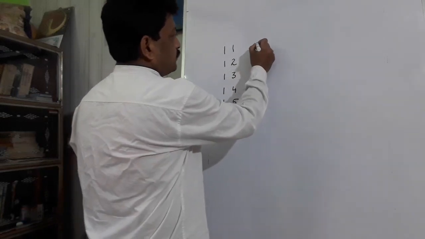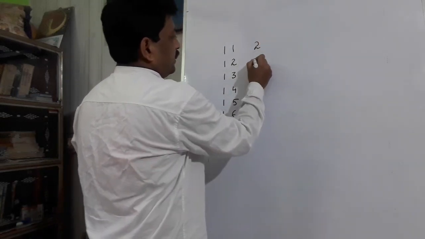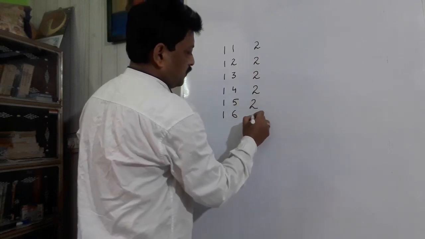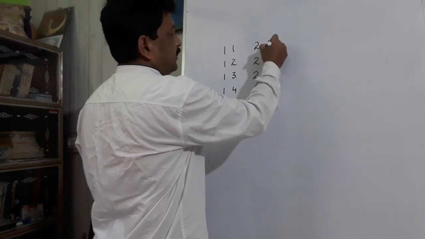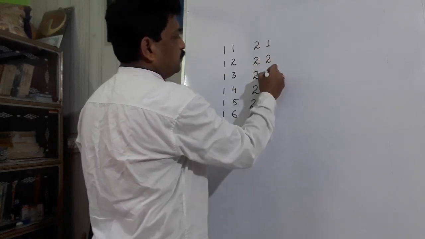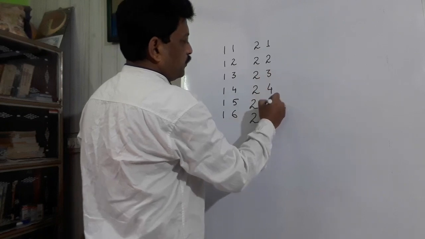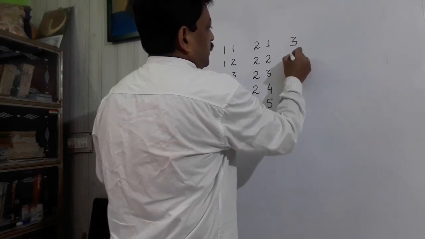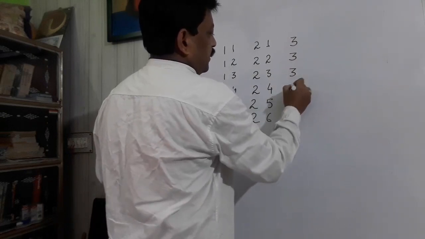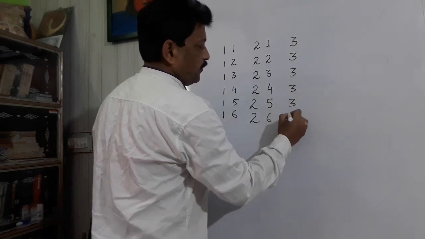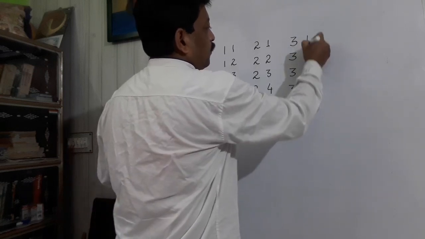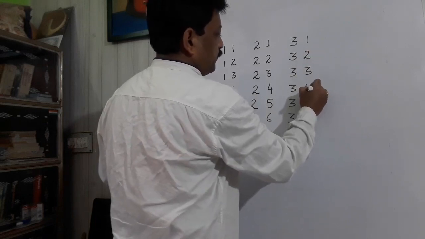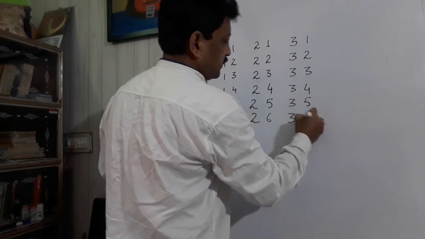Similarly, the top face of the first die can have 2 in all the 6 cases, and the second die can have 1, 2, 3, 4, 5 or 6 on the top face. Or the first die can have 3 in all the 6 cases, and 1, 2, 3, 4, 5 or 6 on the second die.